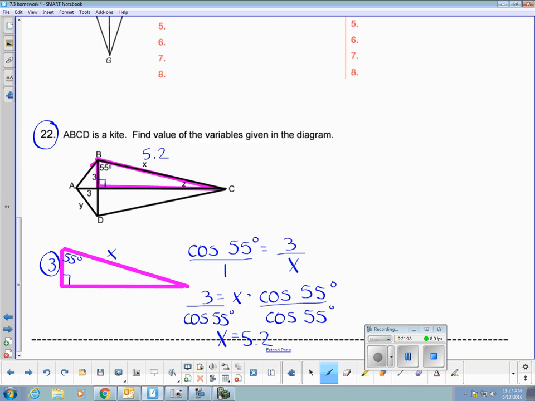Now the last thing I need to find is the measure of this angle right here, angle Z. And what I know in all triangles is that the sum of the angles is 180 degrees. So if I want to find the measure of angle Z, that's equal to 180 minus 90 degrees minus 55 degrees.